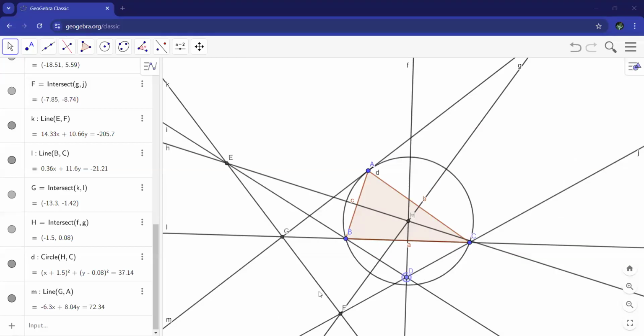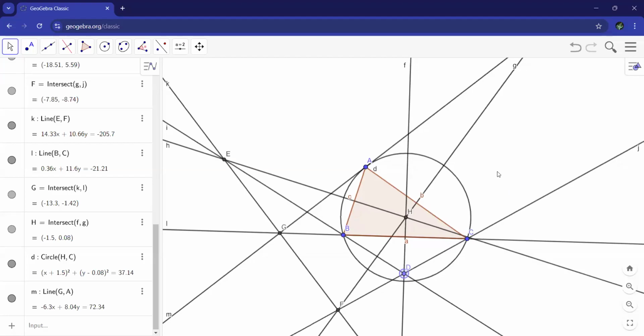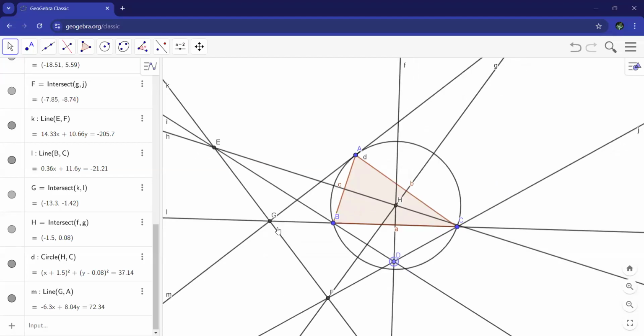So now what we can do instead is convert this problem into a concurrency problem. Initially, we needed to show that it passes through the same point. Now we have a proper definition of G, which is the tangent at A meeting BC. And we want to show that PQ also passes through it.